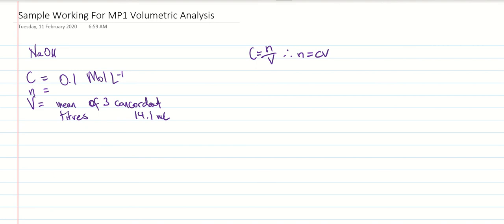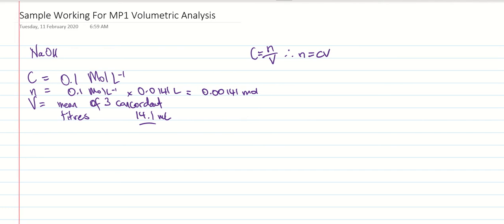So what we're going to do is go 0.1 moles per litre multiplied by, now we need to convert that into litres. Okay, and you can see we're just going to have to move the decimal place one place. So in those 14.1 mils, we have got 0.00141 moles.